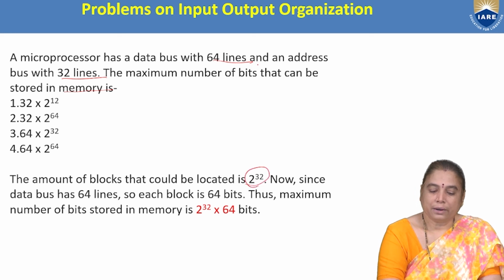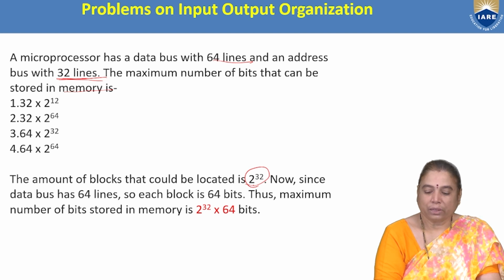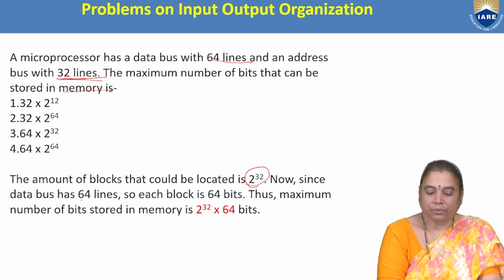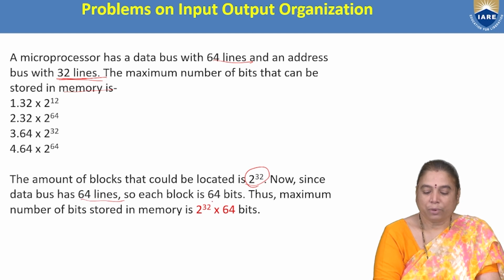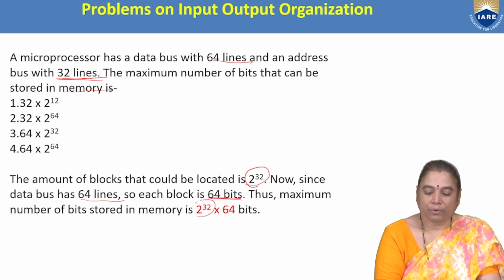Why? Because the address bus contains 32 lines. So 2 power 32 locations are addressable with the 32 lines of the address bus. Since the data bus has 64 lines, each block is of 64 bits. So the memory capacity can be designated as 2 power 32 by 64 bits.